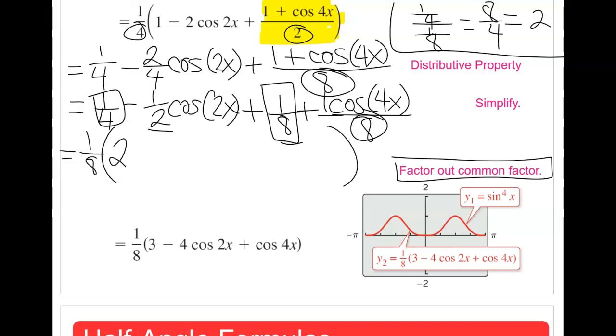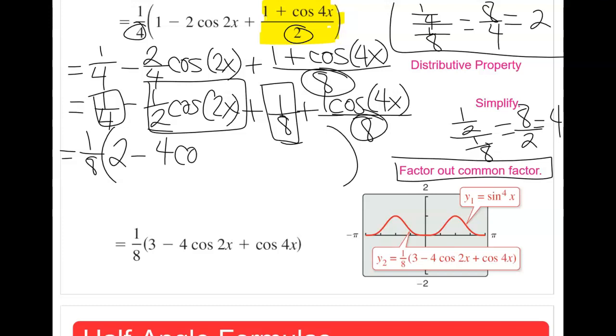The next one will be, we're going to factor from this term 1/8. So if we consider the 1/2 and divide it by 1/8, that one is going to give us 8 divided by 2, which is 4. So this will be minus 4 cosine of 2x.